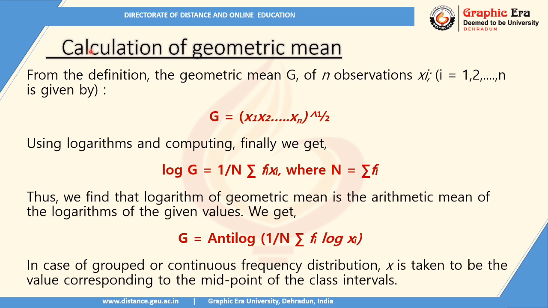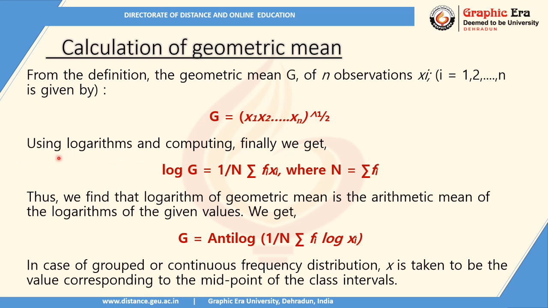So how to calculate the geometric mean? From the definition, the geometric mean G, we can represent it by G or GM, of n observations xi is given by G equals (x1 x2 x3 up to xn) to the power 1 by n, the nth root of the product of all the observations.